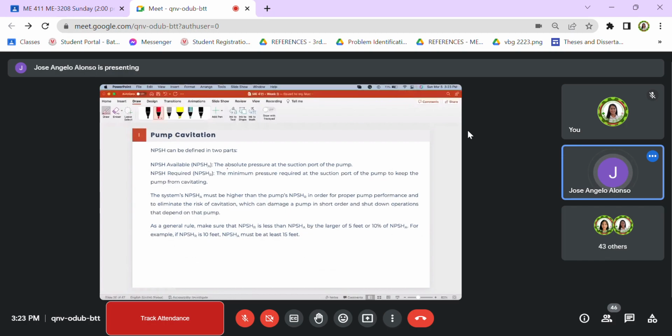So if this is a pipe, any pressure na ma-register sa ating pressure gauge, this is a unit of gauge pressure. This is gauge pressure lang.